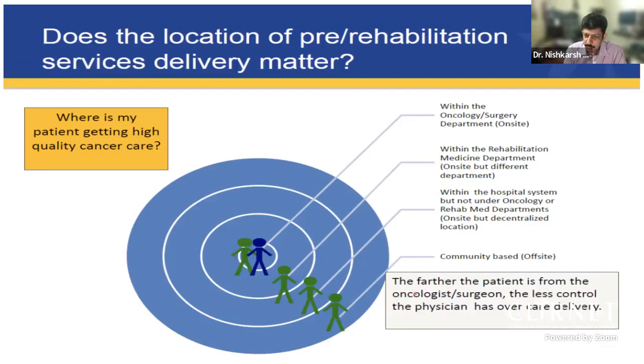The farther the patient is from the core management team, be it the surgeon, anesthesiologist, palliative care physician, radiation oncologist, or medical oncologist, the less control the physician has over the care delivery. So it is important that it is housed in the department where the patient is being taken care of. And it is not a good idea to outsource to other departments because it will be really difficult to control and monitor the patients closely.